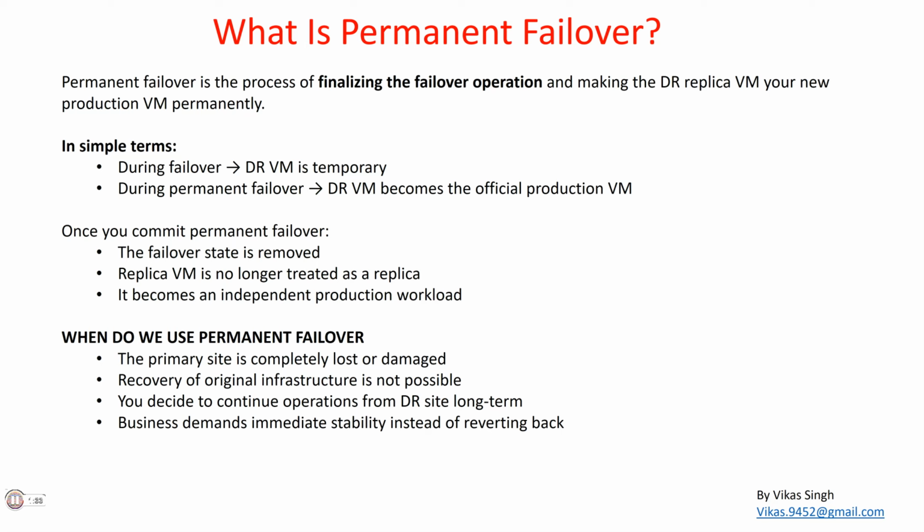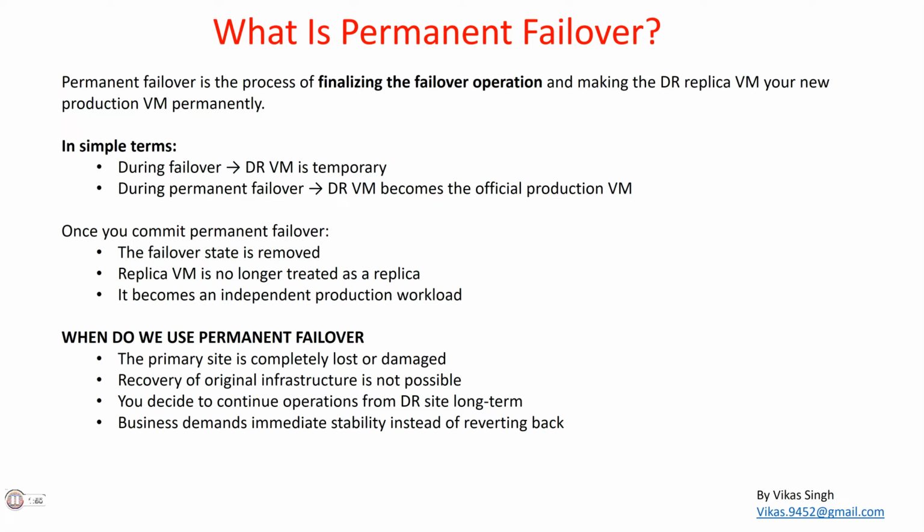Now let's understand when do we use the permanent failover. Permanent failover is not something you can go ahead and perform casually. It's a business decision, and not just a technical step.